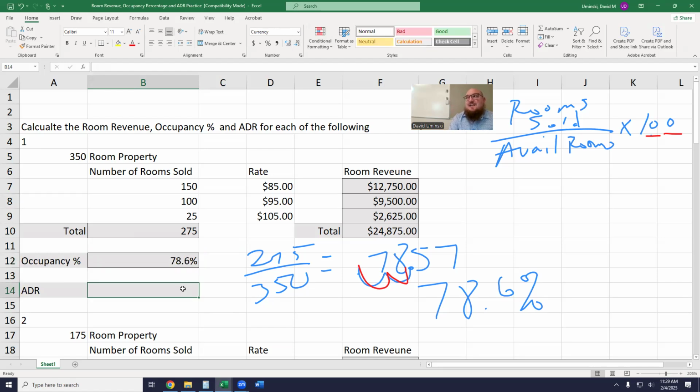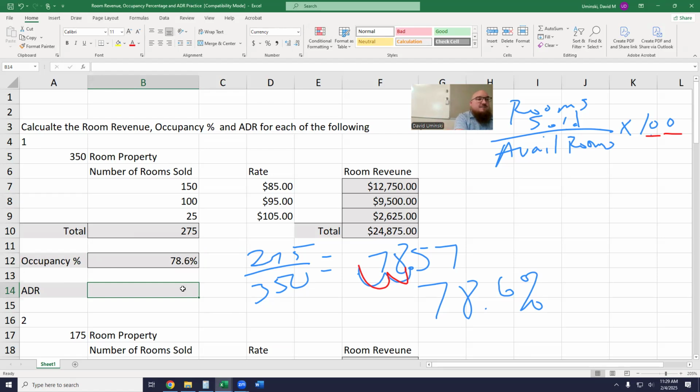ADR, average daily rate, okay? When you find the average of anything, what do you do? You take all the numbers and then divide by the number you have, right?